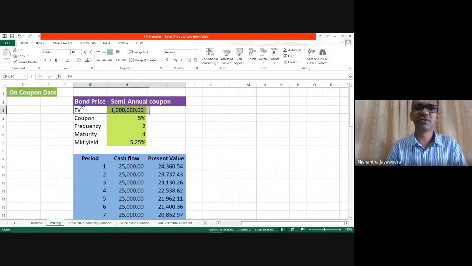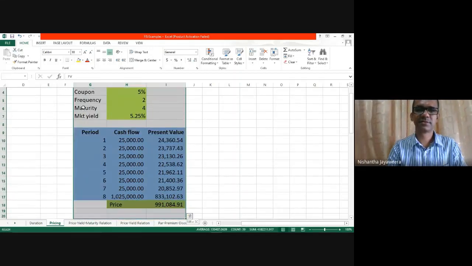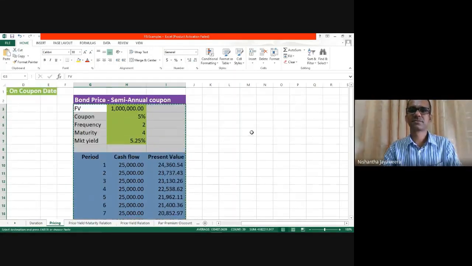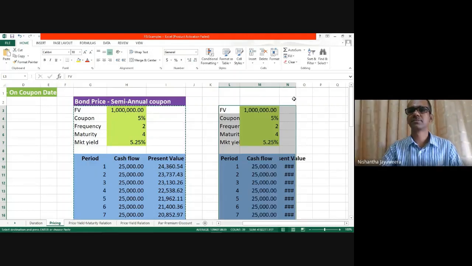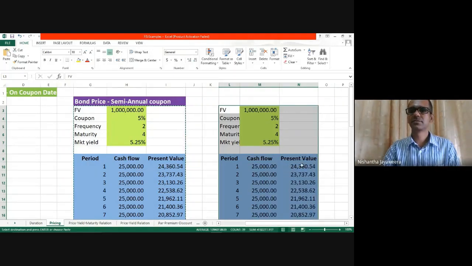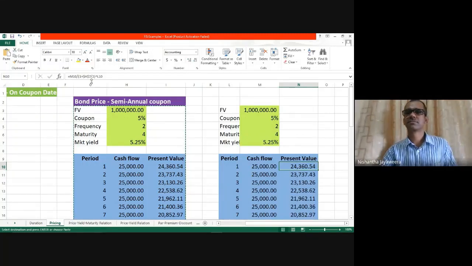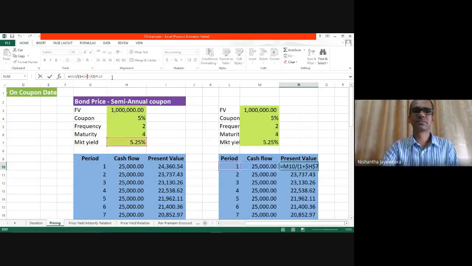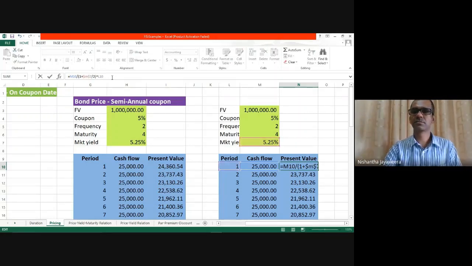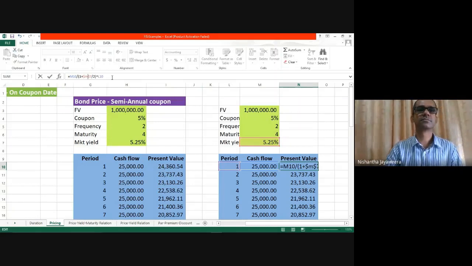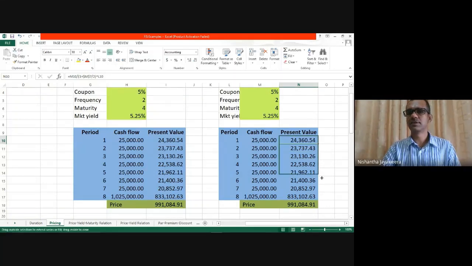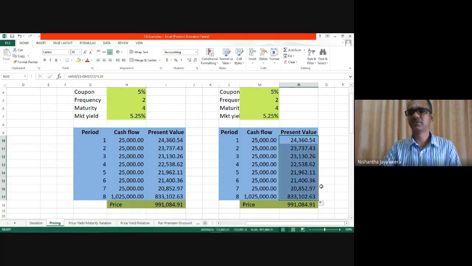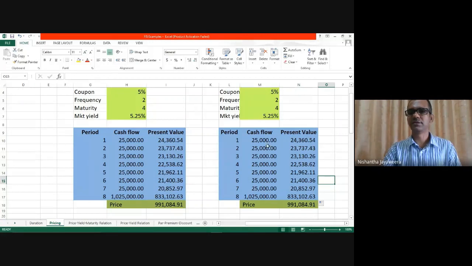Coupon amount is higher, therefore the price should be higher. That's true.